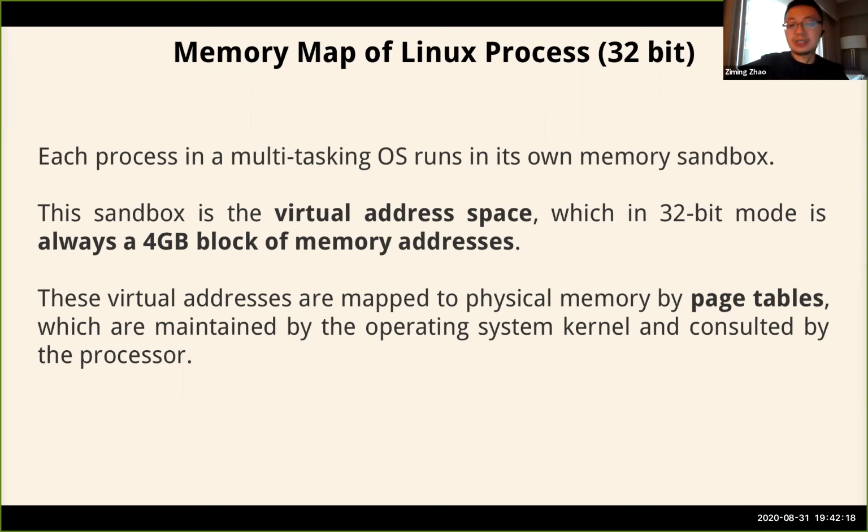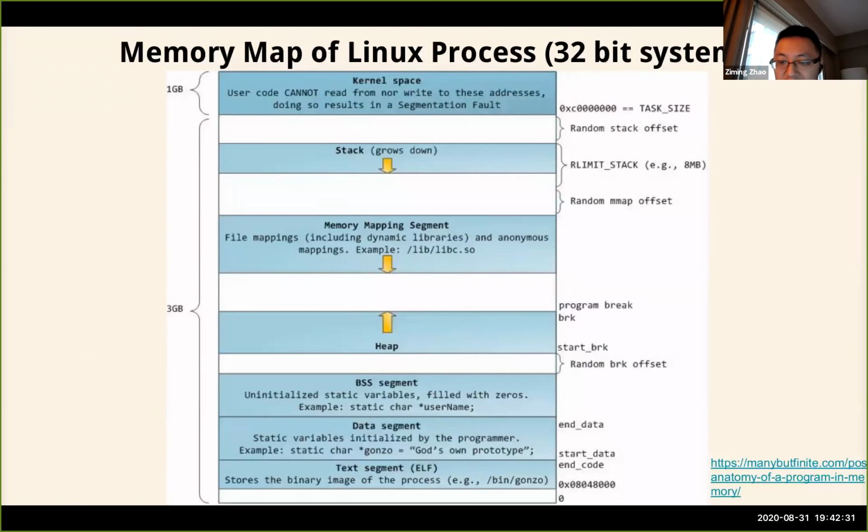Some of the translation is actually done by, for example, the MMU, which is hardware, not software. Of course, some devices don't have an MMU, which is a different case. Then here we can see a memory map of a 32-bit program.